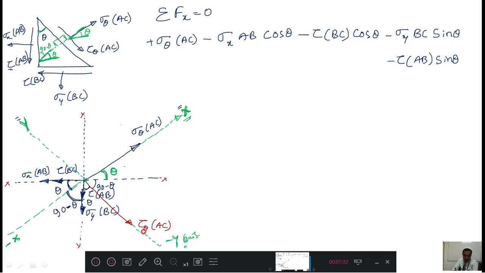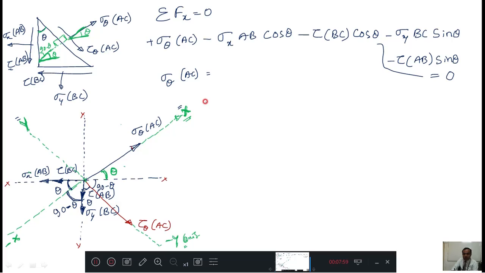Now, this sigma theta AC is acting on the y-axis, so I cannot resolve it to the x-axis, therefore it won't come in this one, therefore equal to 0. Now sigma theta AC I will keep on this side and send everything to that side.